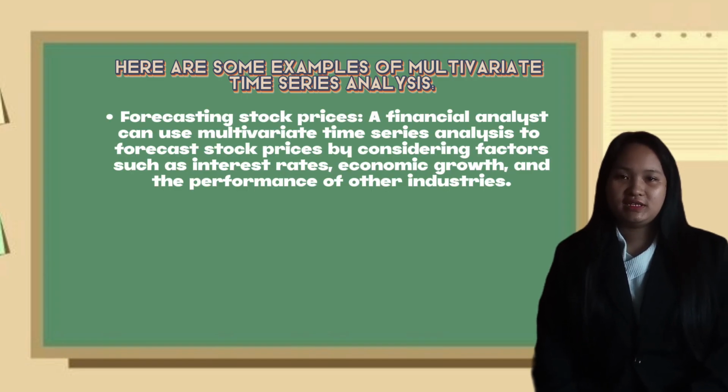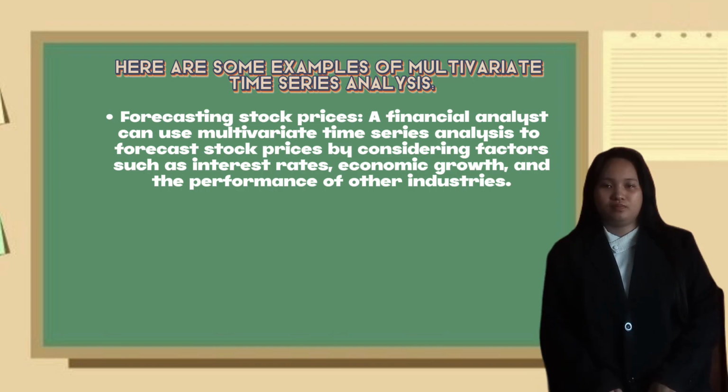Forecasting stock prices. A financial analyst can use multivariate time series analysis to forecast stock prices by considering factors such as interest rates, economic growth, and the performance of other industries. The analysts see that interest rates are going up, economic growth is slowing, and the tech sector is underperforming.